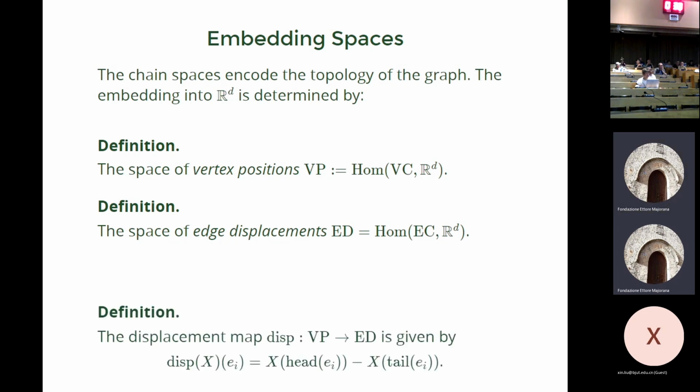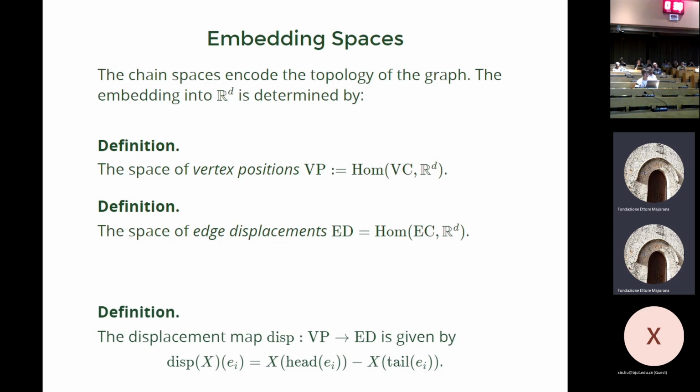Okay. And then there's this thing that I'm calling the displacement map, which says, if I have a vertex position, I get out an edge displacement. And how does this work?